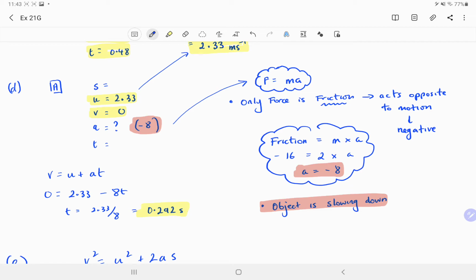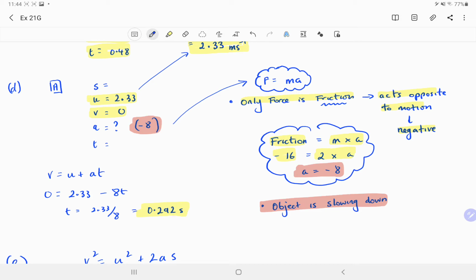The only force acting on it is the friction acting against the direction of motion. So what I've written here is the only force is friction. It acts opposite to the motion. Therefore, the friction is a negative force. So the force is the friction, and that is equal to mass times acceleration. The force is negative, so that is equal to the mass times whatever the acceleration is.